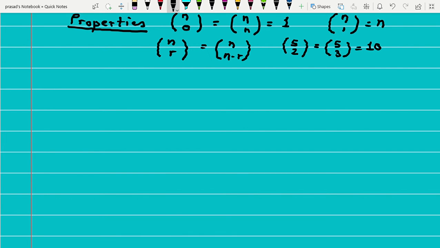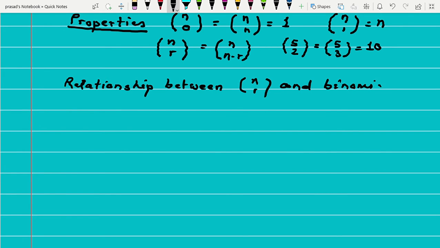So let us see the relationship between combinations nCr and binomial expansion coefficients.